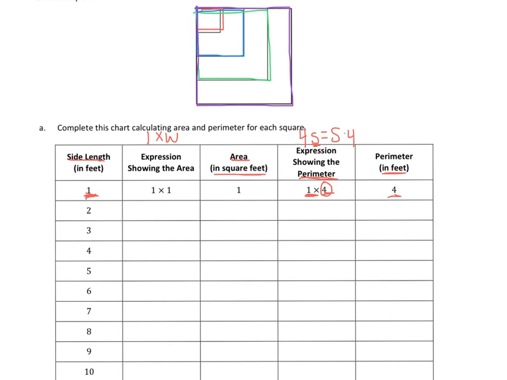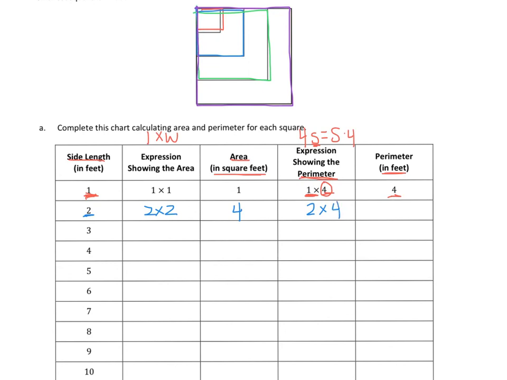So let's start filling this in, and I'll go part way through. So we have 2 as our length, so it's going to be 2 times 2. And that's 4, so that's my area, because that's length times width, and the length and width are the same. And then I'm going to put in my side length and multiply it by 4, because there's 4 sides.